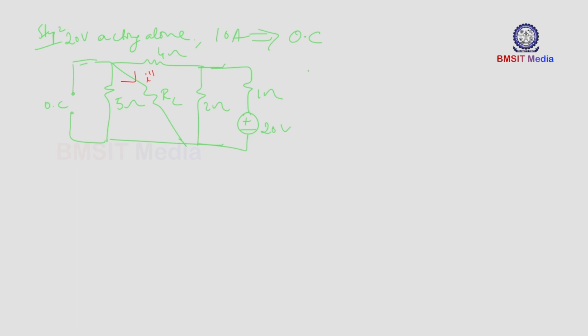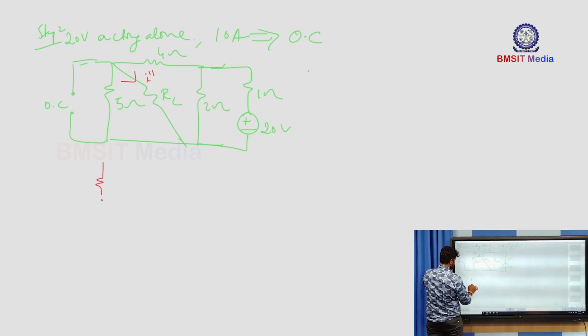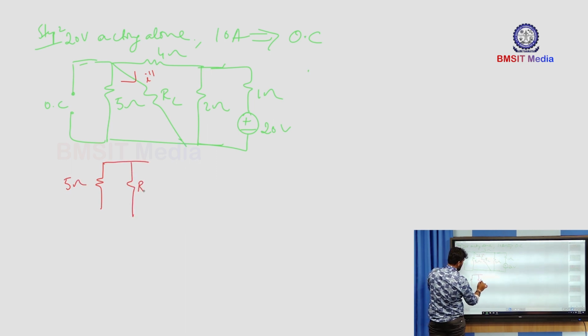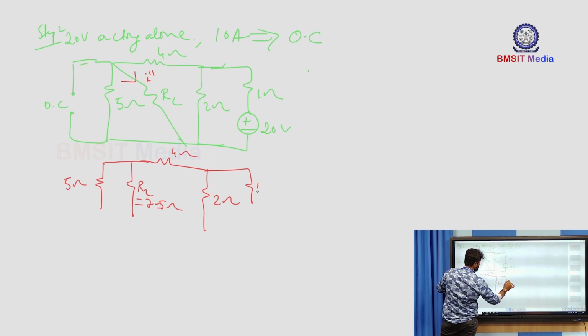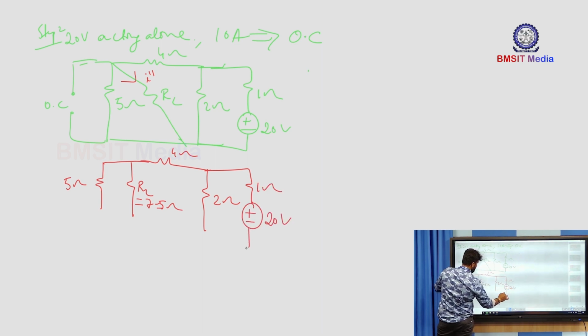If I know the node voltage, I can find the current through this branch. I will rewrite the network: 5 ohm, RL of 7.5 ohm, 4 ohm, 2 ohm, and 1 ohm with a 20 volt source. This is the resultant network.